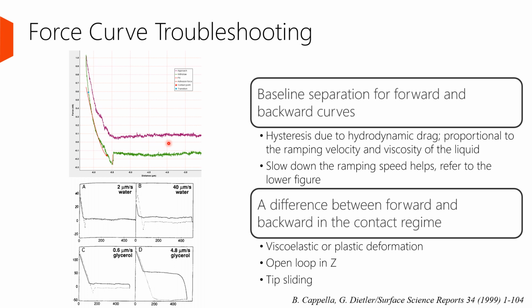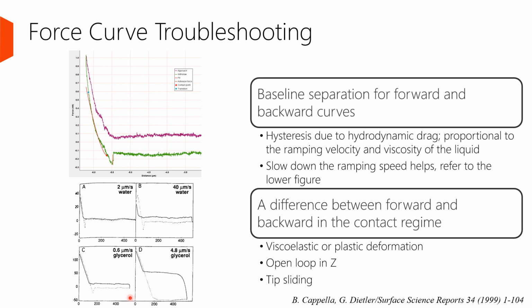It's also related to the viscosity of the liquid. If we look at the figure below, we can see that increasing the ramping speed from 2 micron per second to 40 micron per second, we can see the change of the baseline separation.